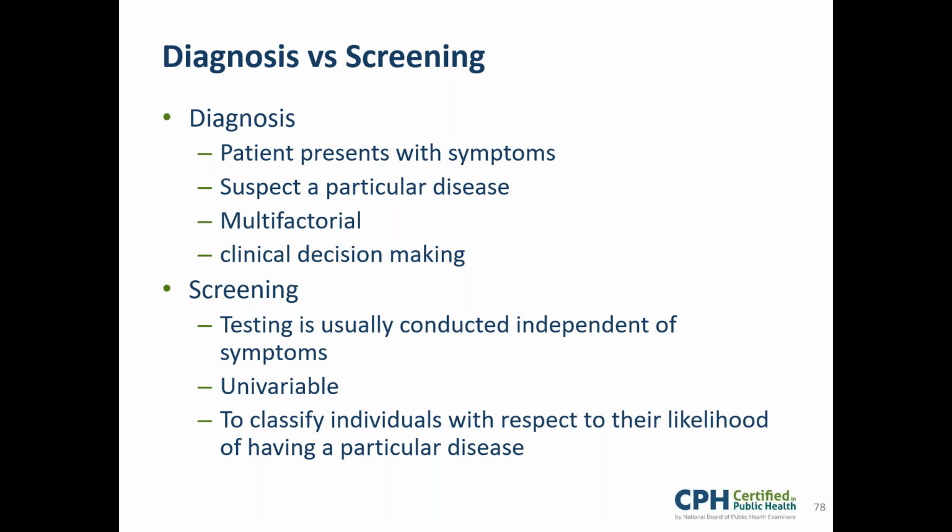With screening, testing is usually conducted independent of symptoms, and I'll talk a little bit about the natural history of disease. You're usually looking at one variable, like blood pressure or glucose. And we're trying to classify individuals with respect to the likelihood of having or getting a particular disease.